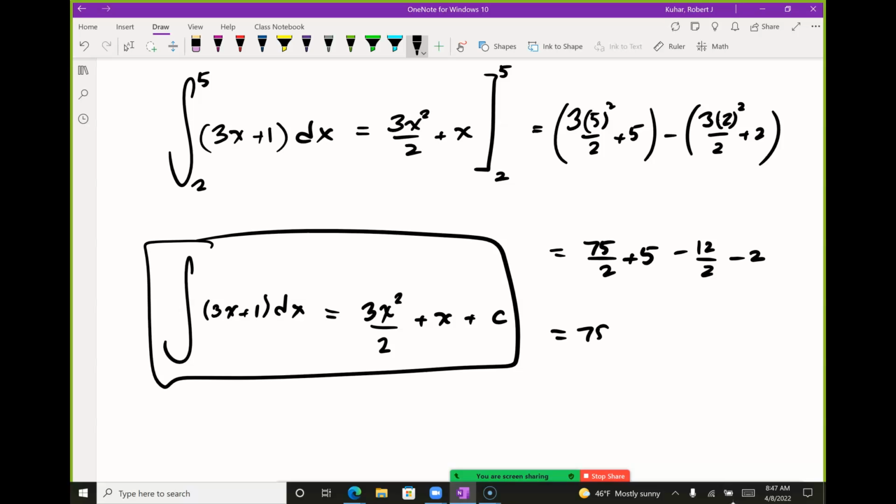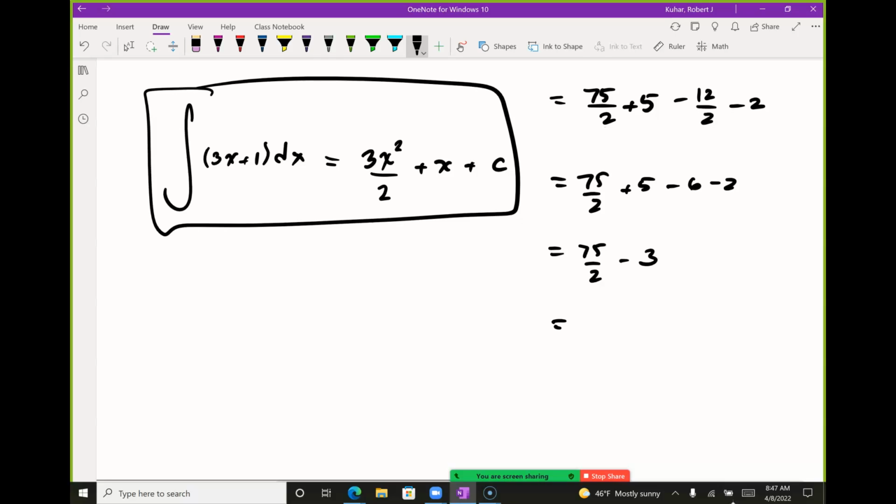So 75 over 2 plus 5 minus 6 minus 2. So I have 75 over 2 minus 3, correct. And that is 75 over 2 minus 6 over 2. It is 69 over 2. And there's my area under my curve.